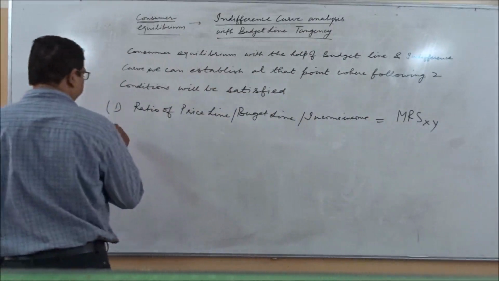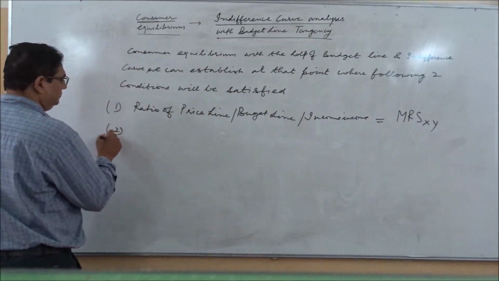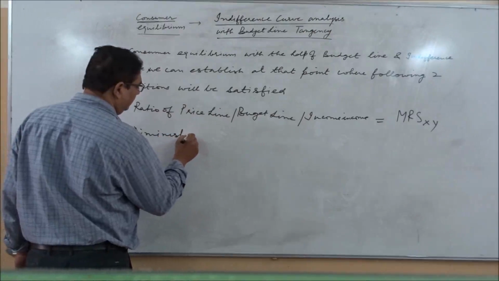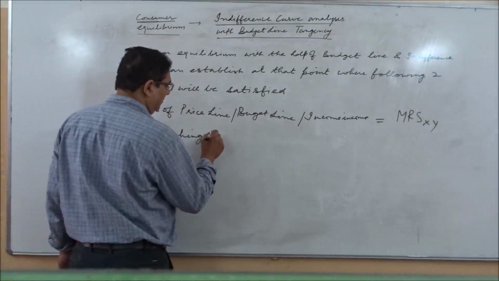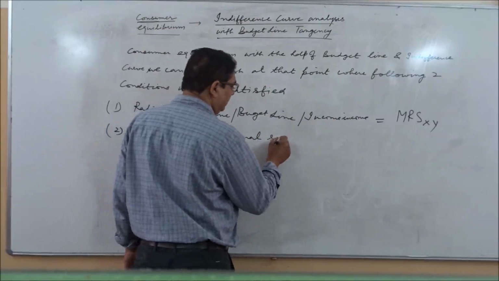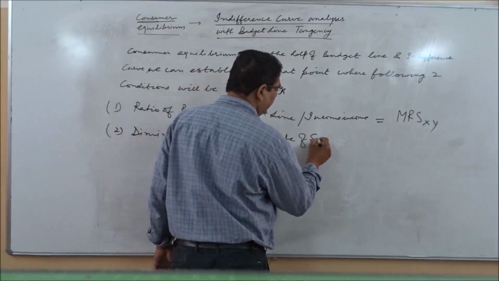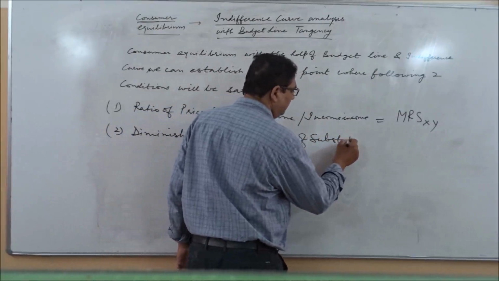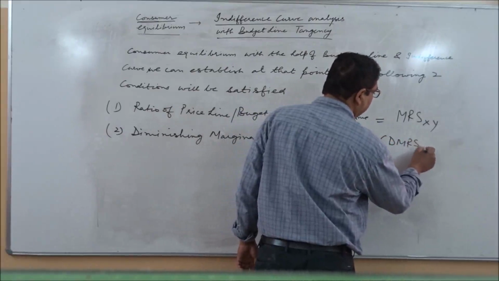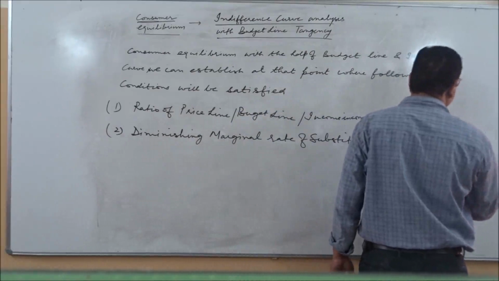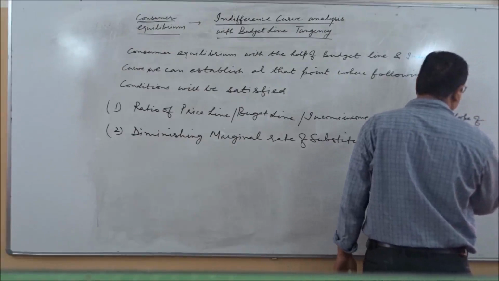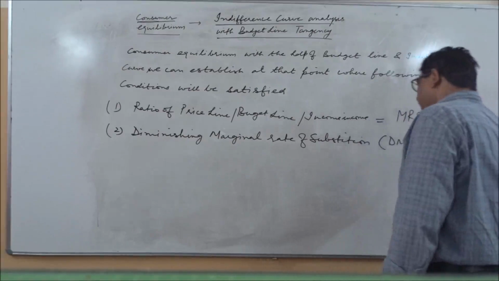Second condition, applicability of diminishing marginal rate of substitution, that is called DMRS X for Y. MRS X for Y is also called the slope of the indifference curve, right?